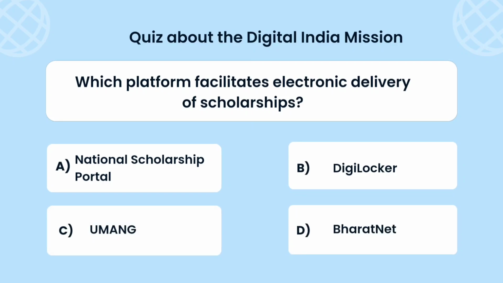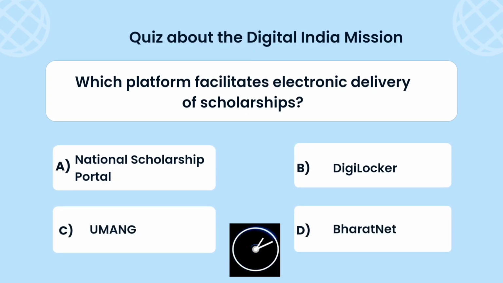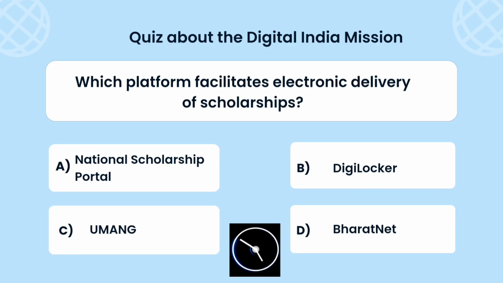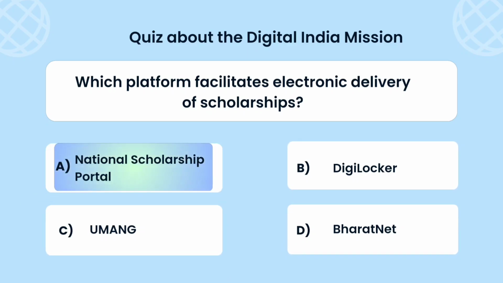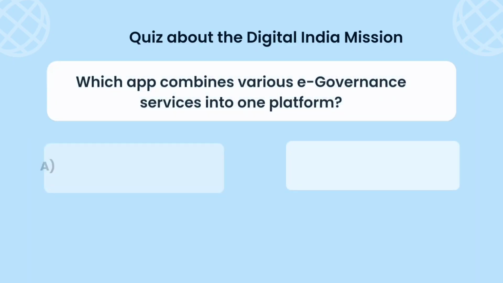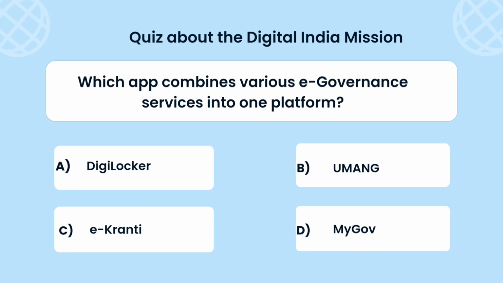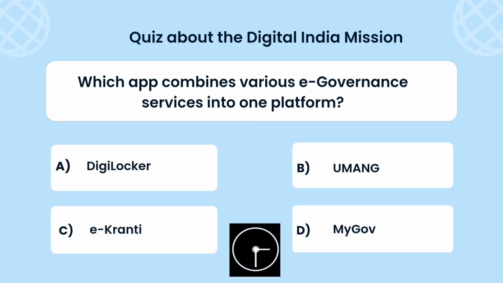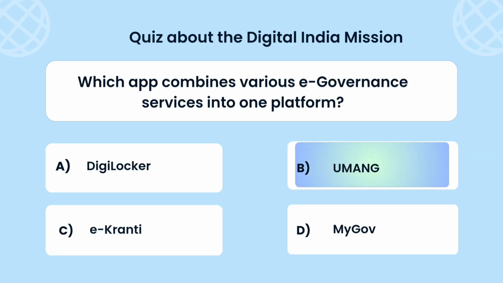Which platform facilitates electronic delivery of scholarships? National Scholarship Portal. Which app combines various e-governance services into one platform? Umang.